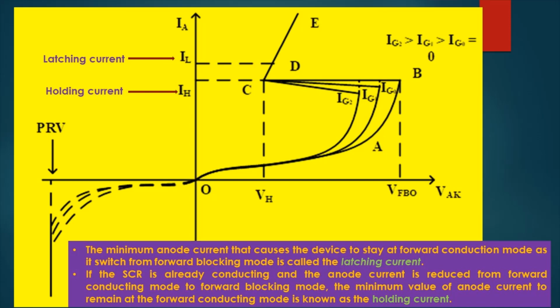So these two currents are very important while designing the gate driver circuit. The latching current is the minimal current above which the thyristor will be turned on. Once turned on, you cannot turn it off, because I told you the thyristor is a semi-controlled switch.